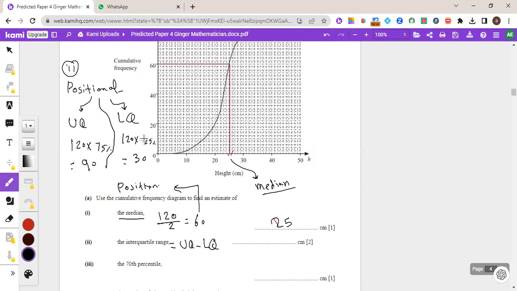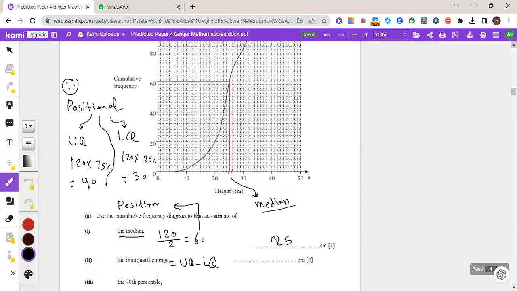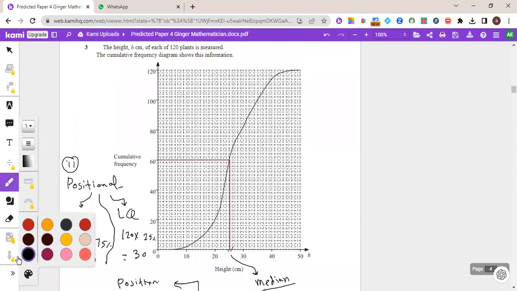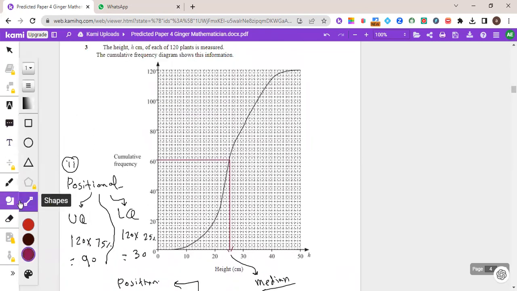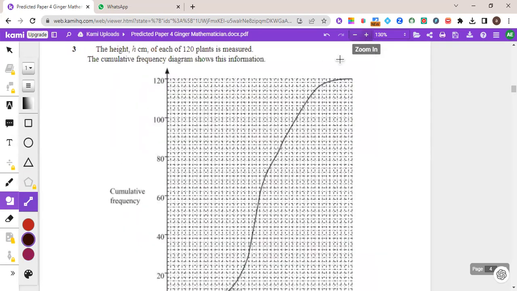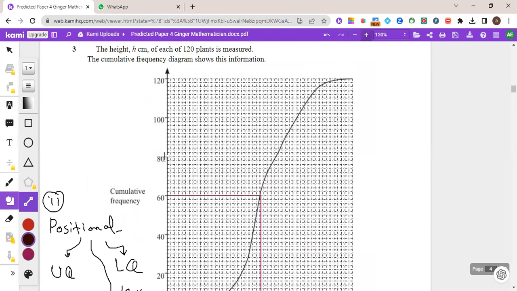So I will draw a line at 90 and at 30. I wish you would draw with me. Here, I will count from 80 to 100, which is 10 lines. So I need to count 5 to be at 90: 1, 2, 3, 4, 5.